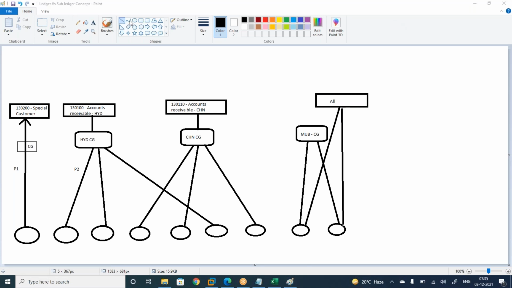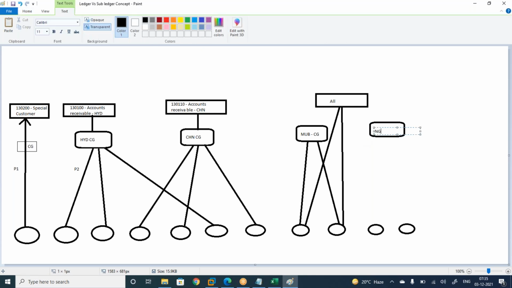There is one more customer group. Suppose this is the Nagpur customer group. For Nagpur customers, I have created one more group. It's just an example I'm giving.